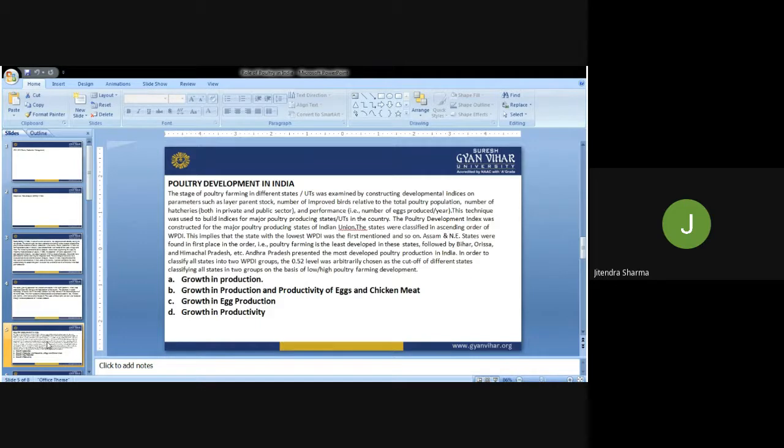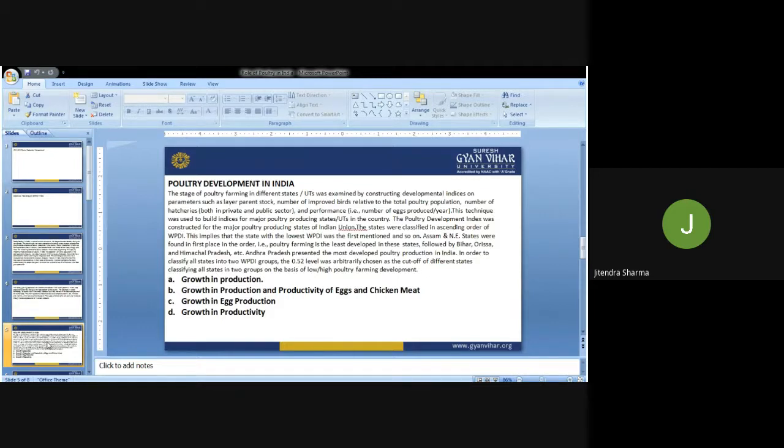Poultry development in India. The stage of poultry farming in different states and union territories was examined by constructing development indices on parameters such as layer parent stock, number of improved birds relative to the total poultry population, number of hatcheries, both private and public sector, and performance in terms of eggs produced per year.